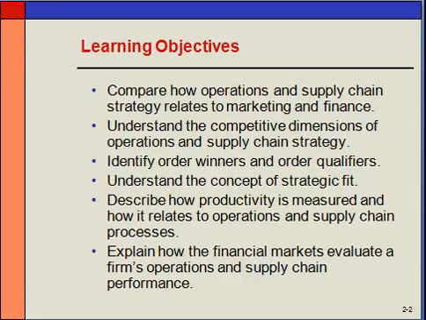And then the next to last bullet point, we'll talk about how to measure productivity, and another word for that might be efficiency. We've talked about efficiency in the first chapter, so I correlate those two, efficiency and productivity. And then we'll talk a little bit about how the marketplace, at least the financial marketplace, evaluates how well a company is doing from their operations and supply chain perspective.